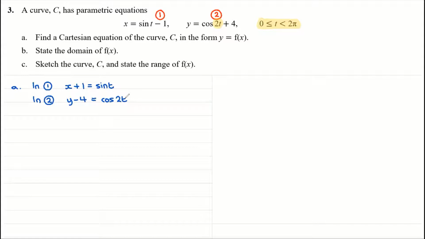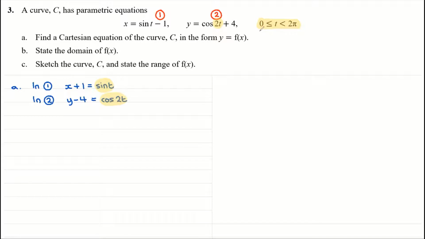Now, looking at the right-hand sides of these rearranged equations, we have sine t and we have cos of 2t. Now, we have to think of an identity that links both of those things together. Well, there is a clue, of course. We've got cos of 2t. Now, there are 3 variations of the cosine double angle identity.